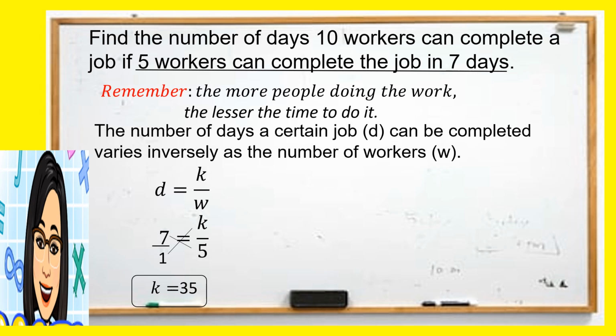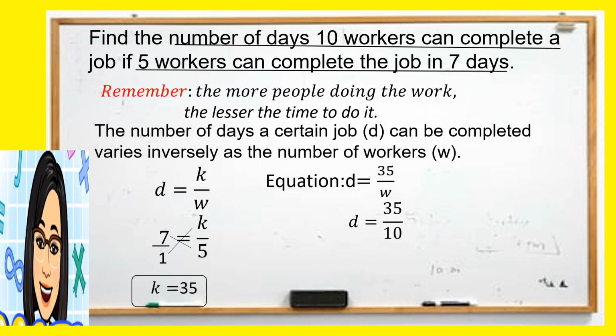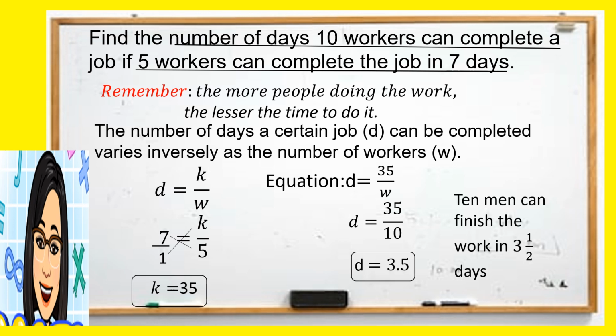So using k equals 35, our equation is D equals 35 over W. Now, we can answer the problem to find the number of days 10 workers can complete a job by substituting 10 for W, so 35 over 10, which is equal to 3.5. So 10 workers can finish the work in 3½ days.